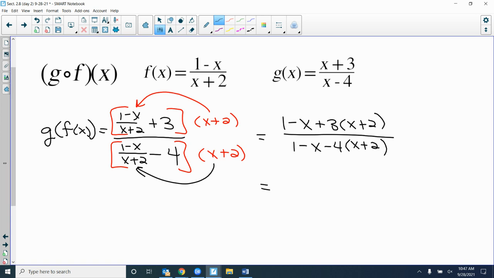And so this is going to end up, after I distribute, 3x, 5x plus 7 over negative 5x minus 7? No. Is that right? Maybe 2x. What am I doing wrong here? 3x. Is it 2x plus 7? Yeah. Okay, there we go.